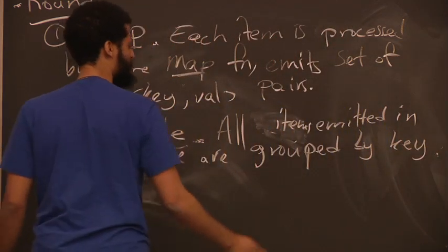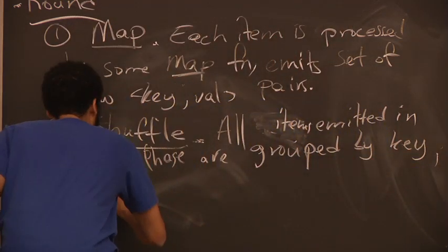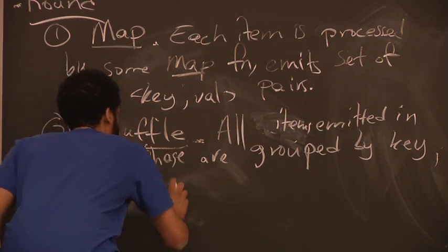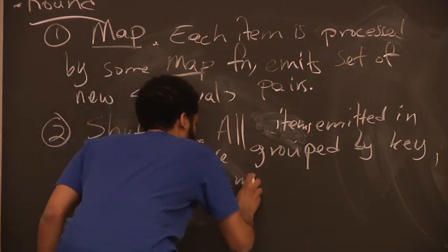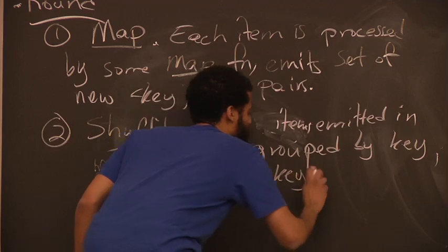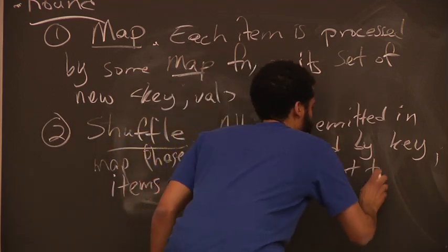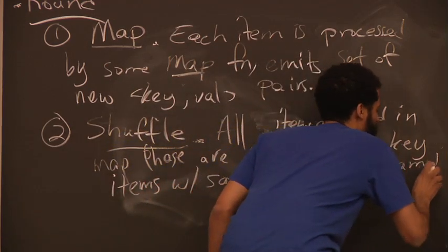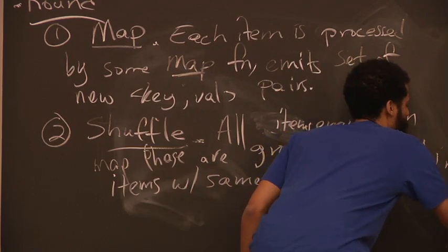Items with the same key are sent to the same reducer. Okay, what's a reducer?